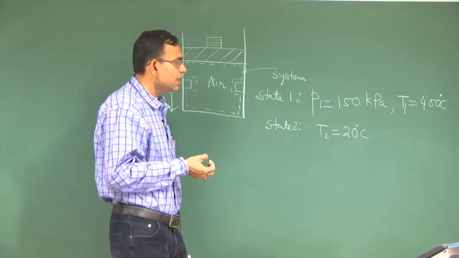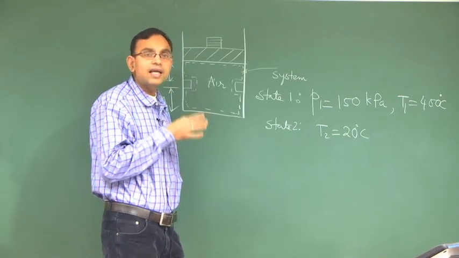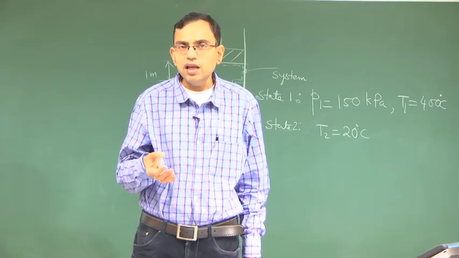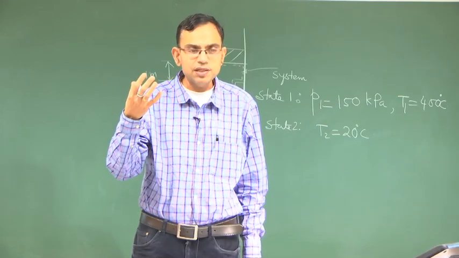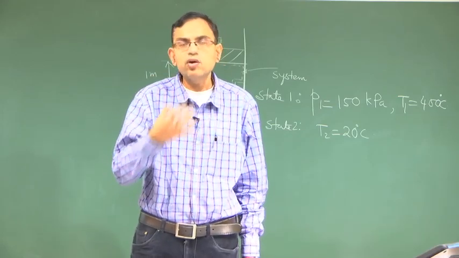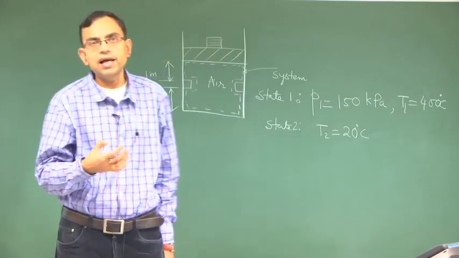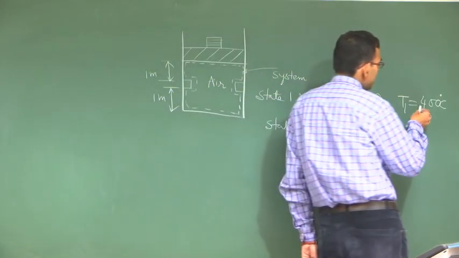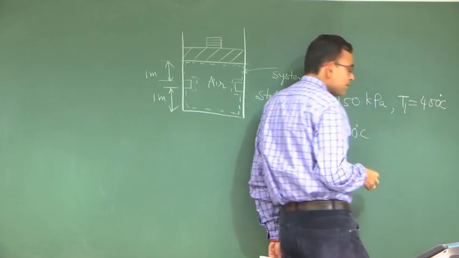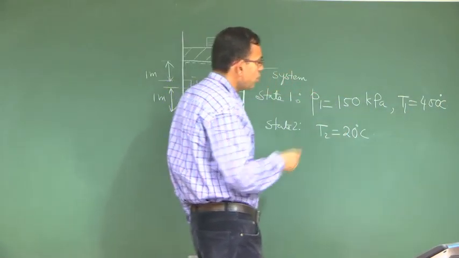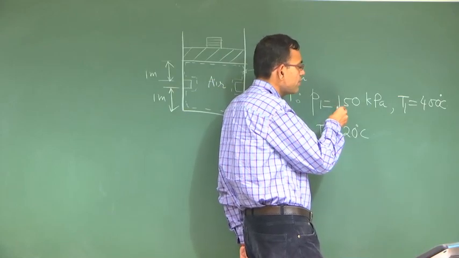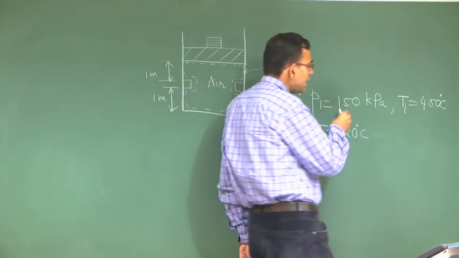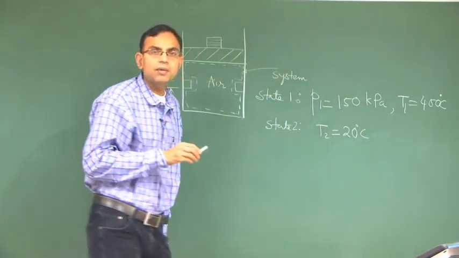In certain cases the substance can be idealized as an ideal gas, and normally even if it is a real gas at very high temperature or very low pressure or a combination of these two, you can treat the real gas as an ideal gas. So, here at least at state 1 the temperature is quite high, pressure is close to atmosphere, 1 atmosphere is roughly 100 kilopascal. So, treating this as an ideal gas will not be a very bad assumption.